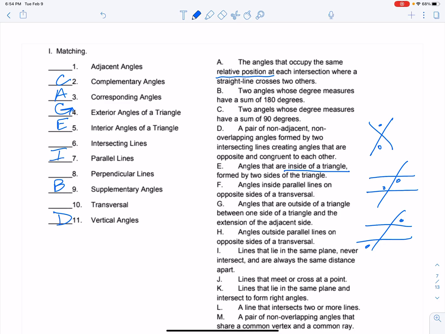For J, lines that meet at a point, those are intersecting lines. Lines that lie in the same plane and intersect to form right angles, that's going to be perpendicular lines. A line that intersects two or more lines, that is a transversal. And the last one, a pair of non-overlapping angles that share a common vertex and a common ray, that's going to be adjacent angles.